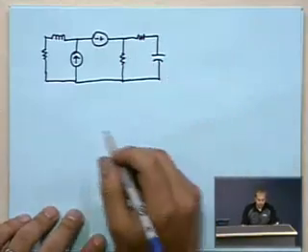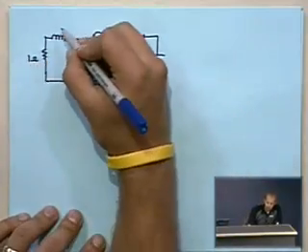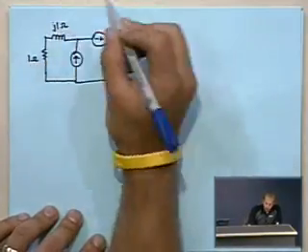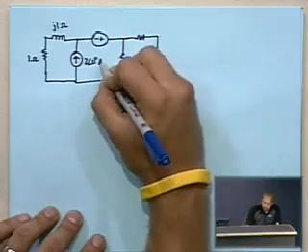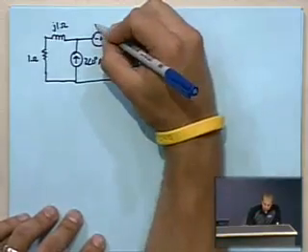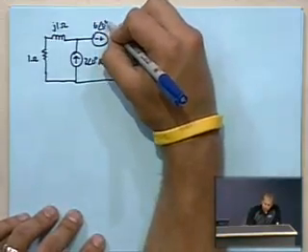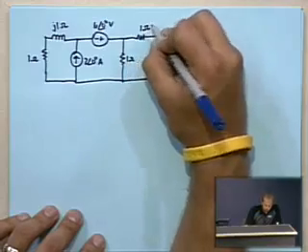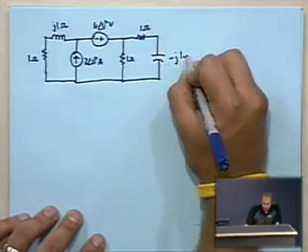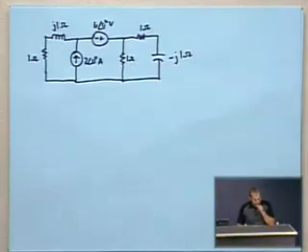So here's our circuit. This is a 1 ohm resistor, a j1 ohm inductor, a 2 at 0 amp current source, a 6 at 0 degree volt source, a 1 ohm resistor, and a negative j1 ohm capacitor.